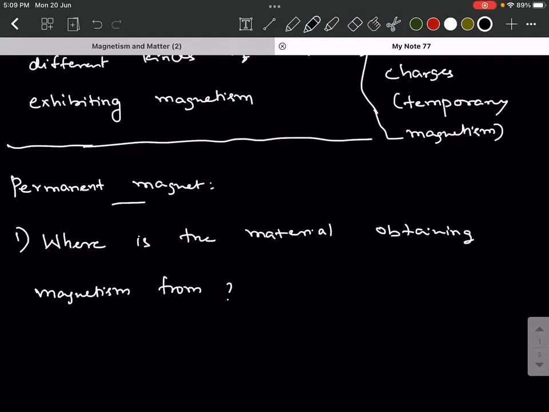How do you say that permanent magnets are having magnetism in them only because of this reason? What is the reason for it?